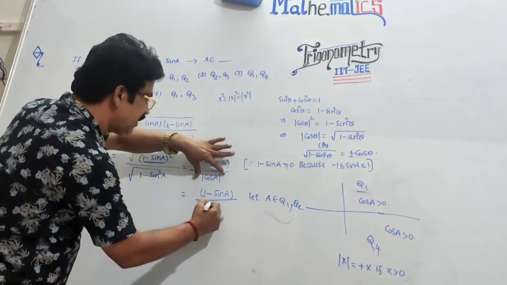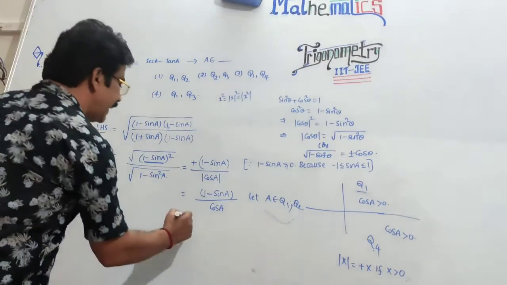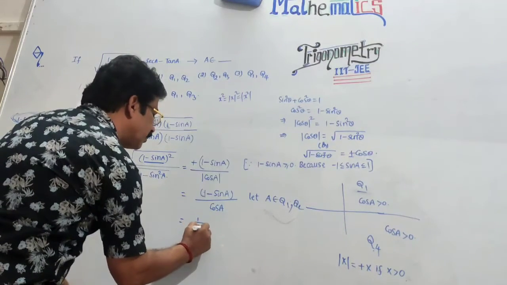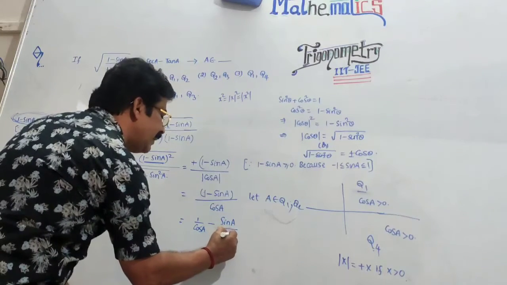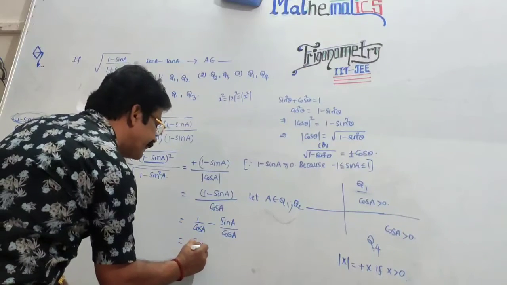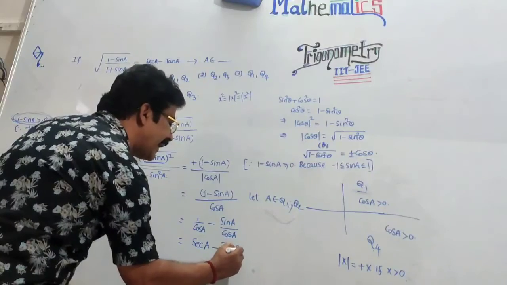Then modulus of cos A is equal to cos A. Then it is 1 by cos A minus sin A divided by cos A. That is equal to 1 by cos A, secant A, minus sin by cos, tan A.